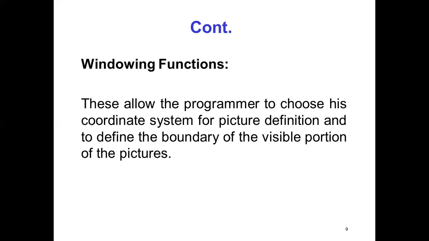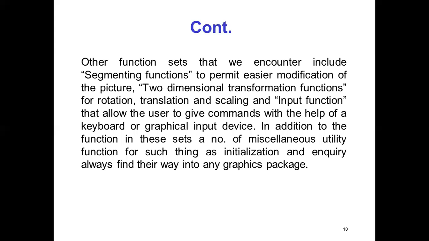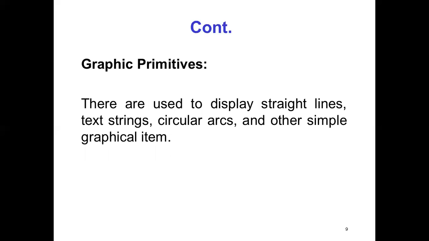First is the graphic primitives: the software must have such tools so that the user can easily choose a straight line or any type of curve, circular arc, text string, and so on, from the menu bar of that particular software. So we must build in such functions during the implementation of the graphics package.